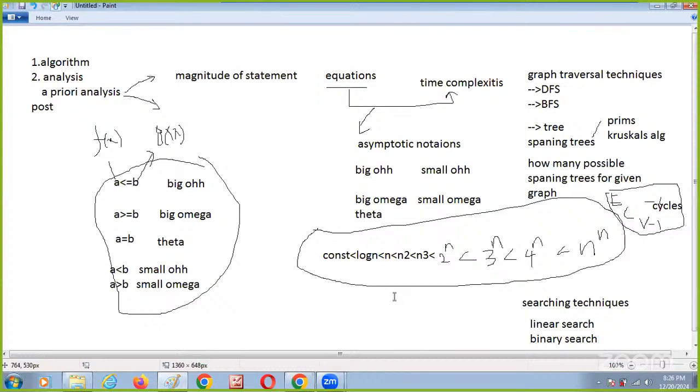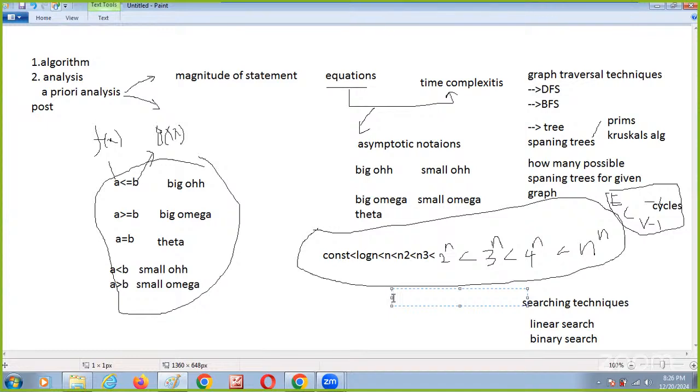We also found the time complexities. For linear search, what is the worst case, best case and average case time complexity. Similarly for binary search, what is the worst case and best case. So how to find the best case and worst case.